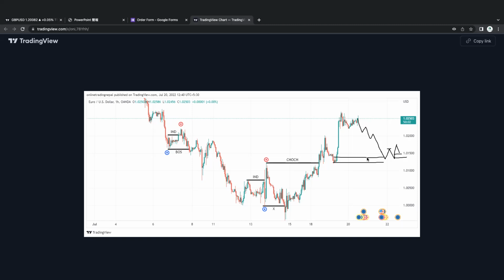This is a smart money trap, because between this high and low there is no inducement, there is no liquidity. Before inducement and liquidity, there is no value in any order block or area. Price must take out the inducement and liquidity before buy or sell. In this case, there is no inducement.